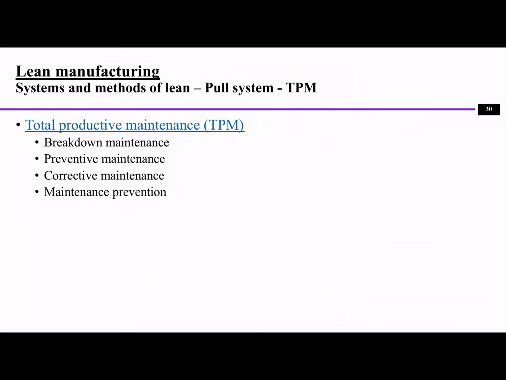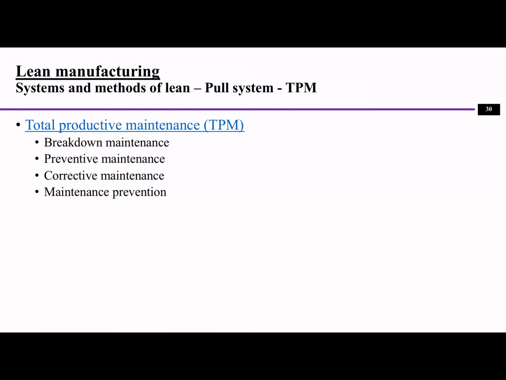All right, next one is total productive maintenance. This is more related to the machines, right? It says that you have to constantly do maintenance on the machines in order to avoid any situation happening. Because if a breakdown happens, it will cost you much more than if you do preventive maintenance and avoid those issues, right?